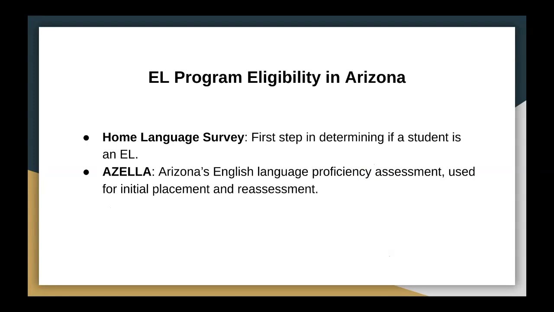If the survey indicates another language, the student is then assessed with the AZELLA test, which stands for the Arizona English Language Proficiency Assessment, which measures their proficiency in English. It also helps determine which English learner program will best support the student's language development.